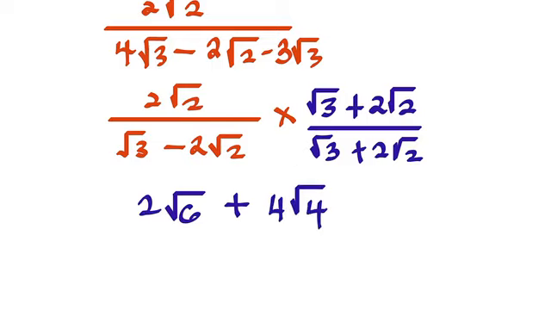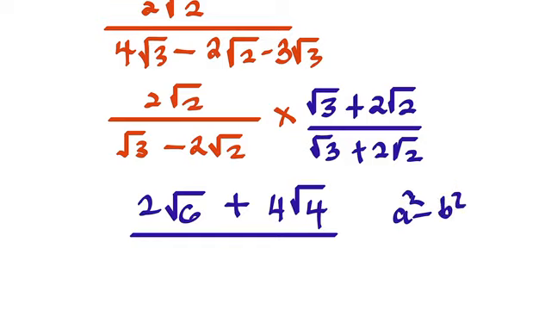Then divided by, now here, from the difference of 2 squares, when you have a squared minus b squared, we're going to have this to be a minus b, then a plus b, that is difference of 2 squares.